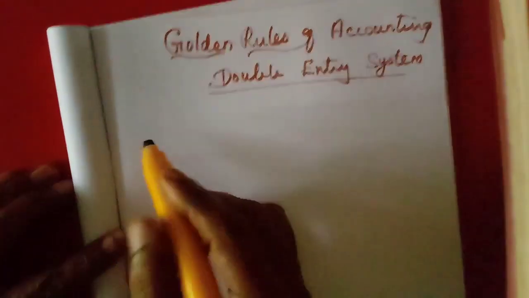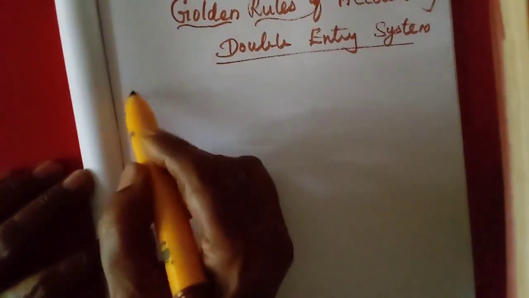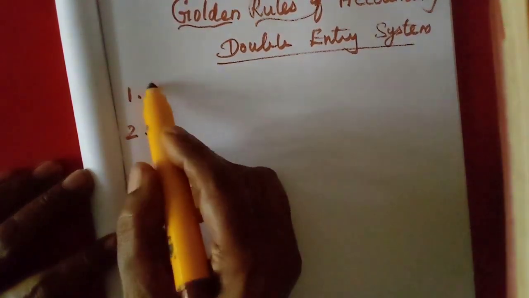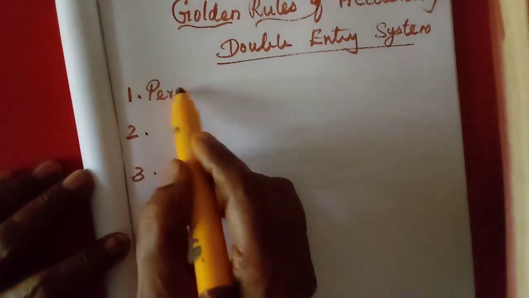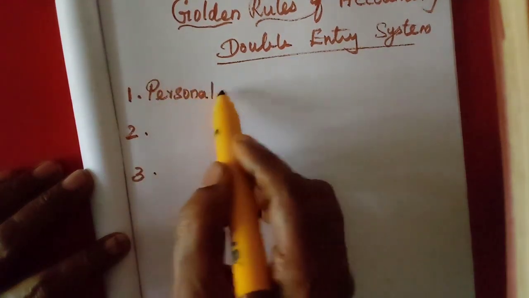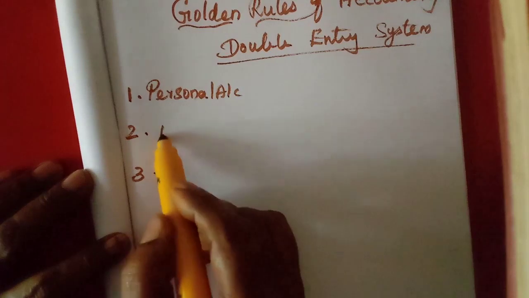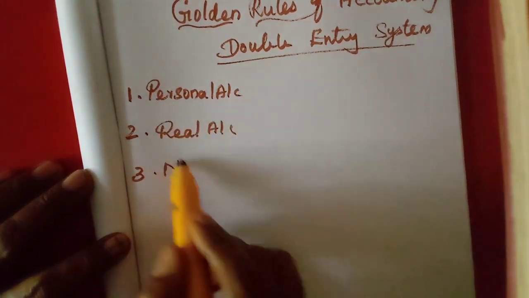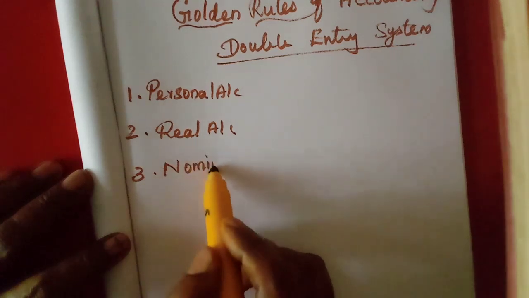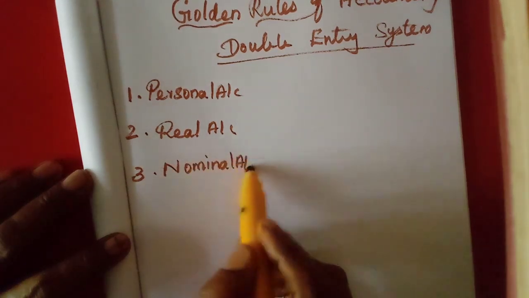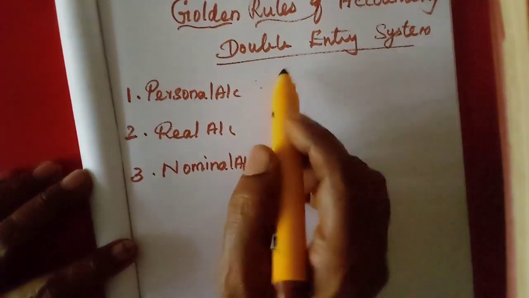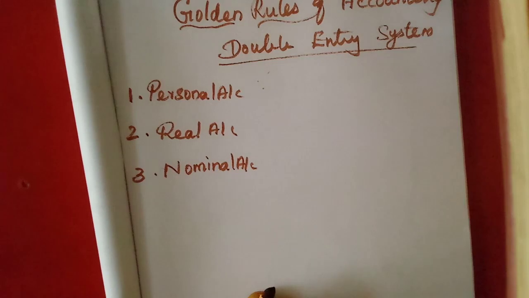So we will write how many accounts now? Three, isn't it? One is personal account, second one real account, third one nominal account. Now we should write the rule: what should be debited and what should be credited.